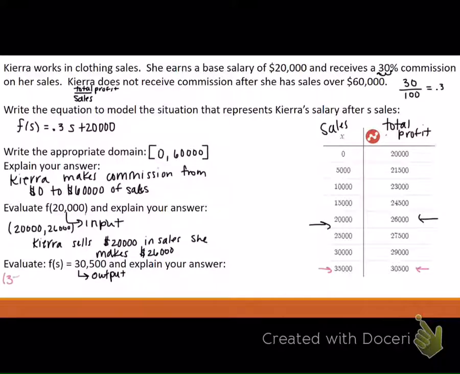So that'd be 35,000 in sales, and you make 30,500. So when she sells $35,000 in clothes, she makes 30,500.